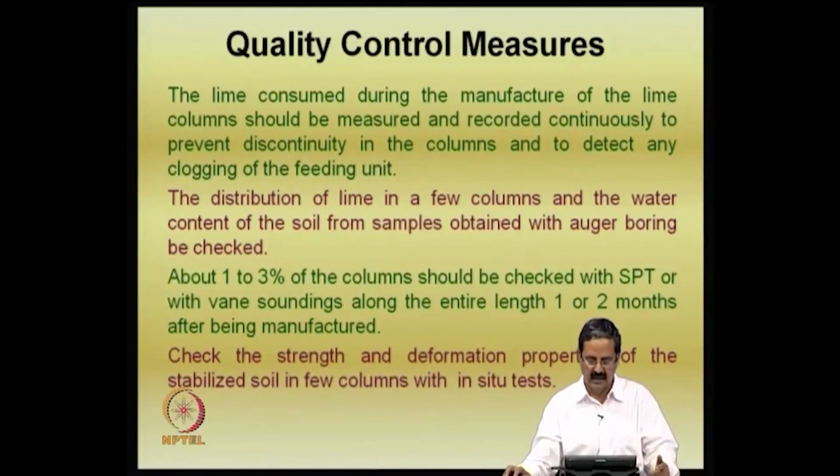Similar to that, you have to do plate load tests on a single column or a 3 column or some different column arrangements. One should check whether the strength improvement is there, whether in terms of the load displacement curves of the plate load test you can get, deformation properties also one can get. So, this is a very important quality control check, and this forms a very important contribution here.